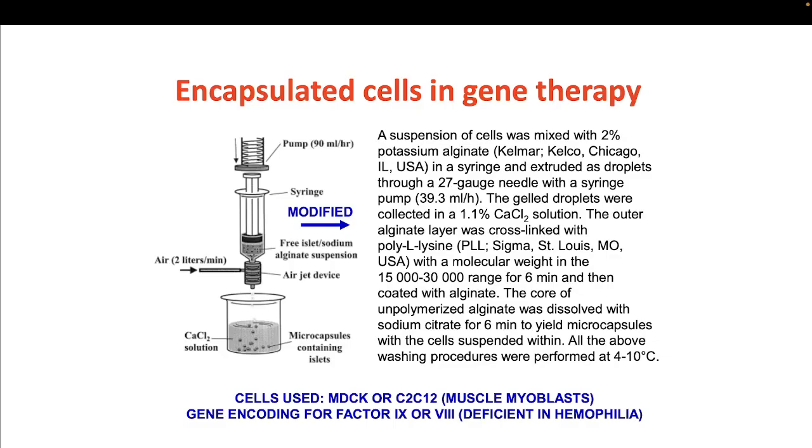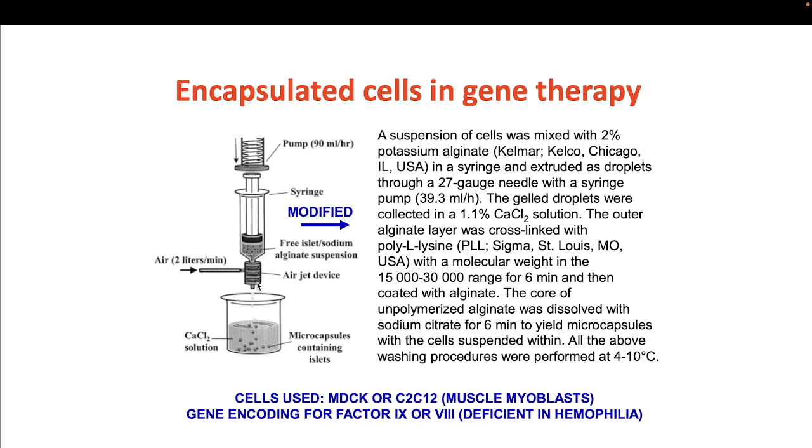Ionic gelation is nothing but it makes use of alginate and calcium solution. So let's say you have a device like this, in which you have your cells in a sodium alginate suspension, and you have loaded this in a syringe, and then you have a calcium chloride solution.